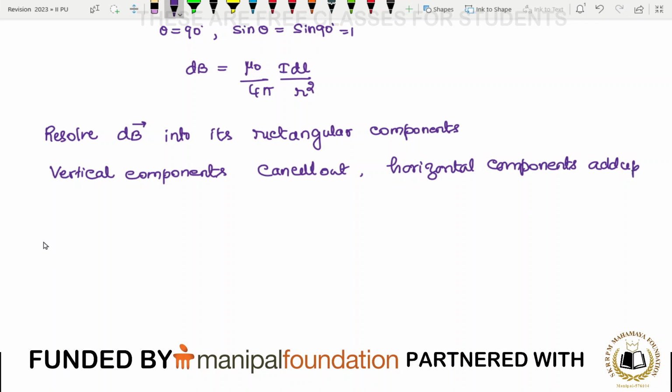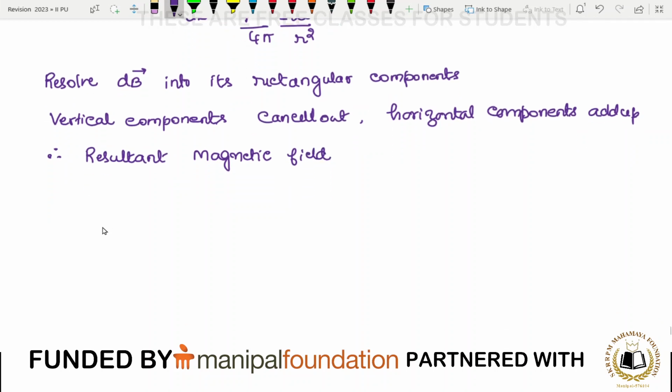Therefore, they get added up. Therefore, the resultant magnetic field, what will we get now?